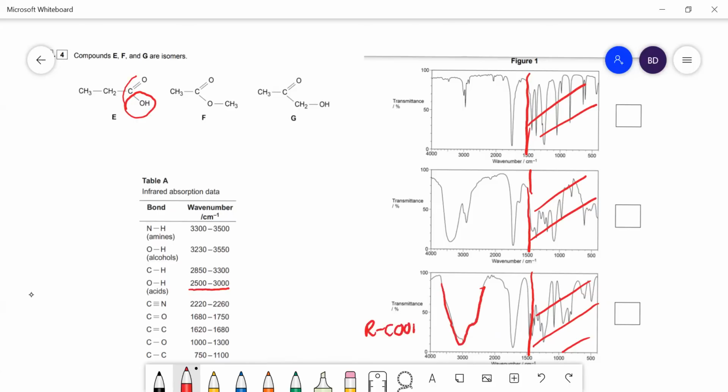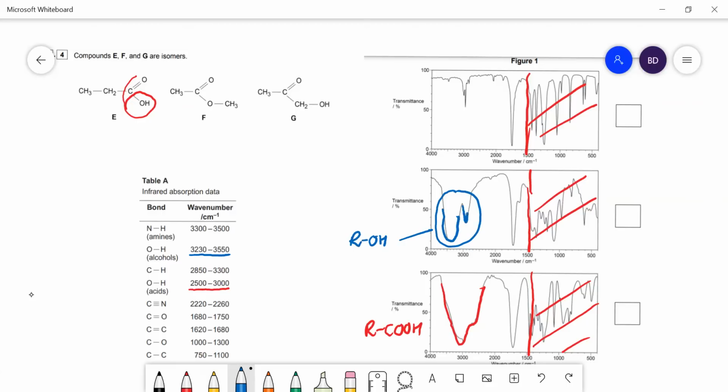Even without looking at the numbers, it's the shape that gives it away. And hopefully you recognize that this one, which is similar but different, and has this dip in it, that's this blue bit, is an alcohol OH. So that's got an alcohol in it, not a carboxylic acid OH.